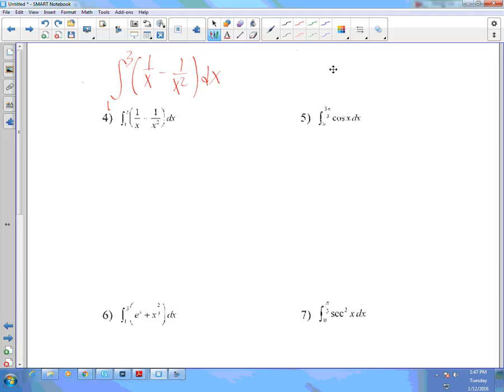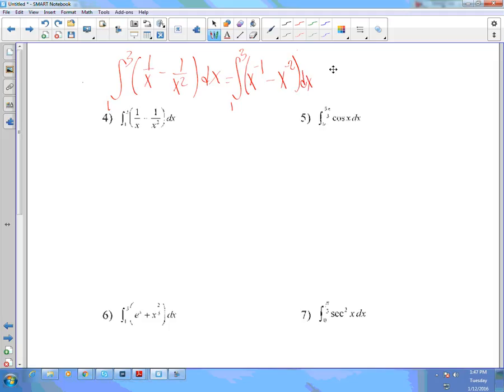If we use power rule, I would rewrite this. Isn't 1 over x the same as x to the negative first power? Minus 1 over x squared is the same as x to the what power? Negative 2 dx.